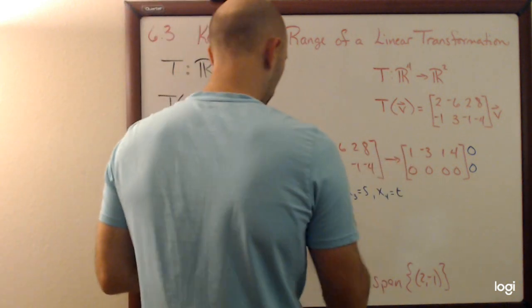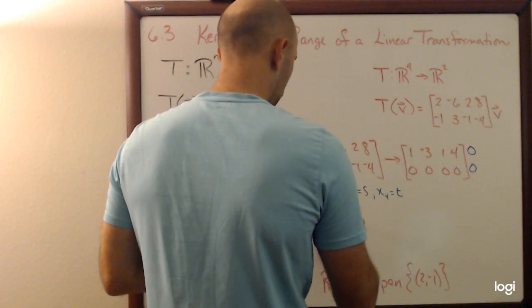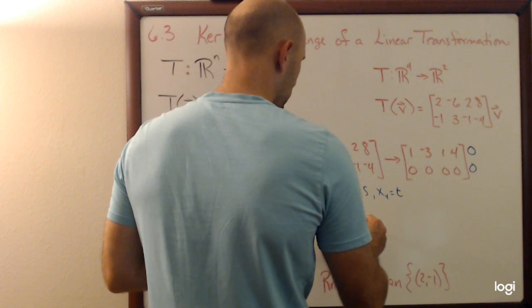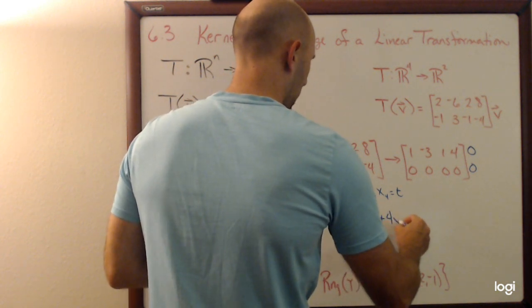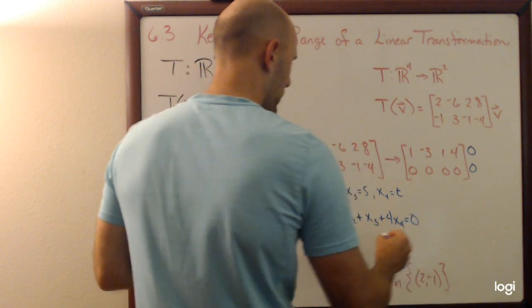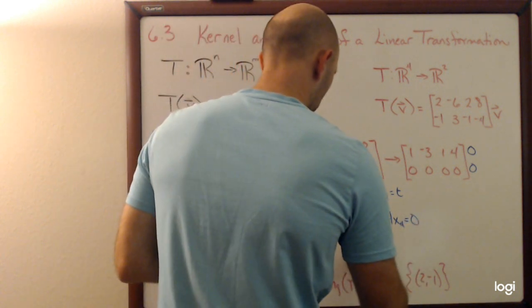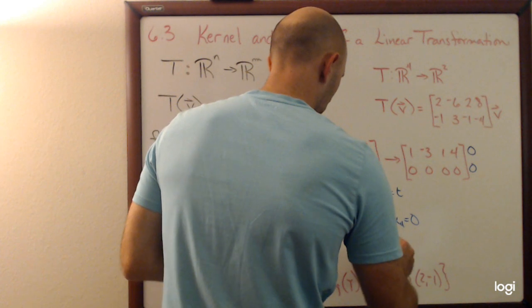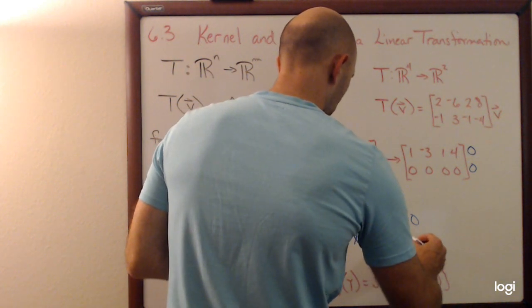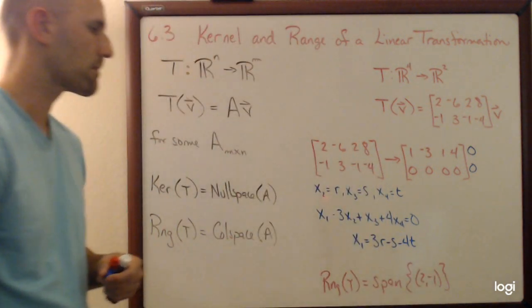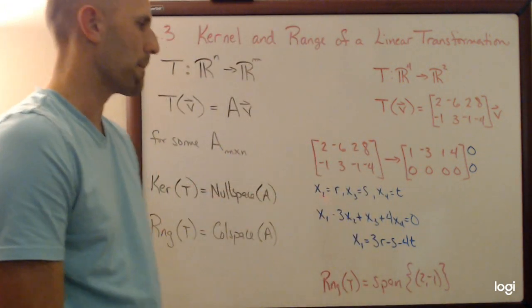Then that top equation reads x1 minus 3x2 plus x3 plus 4x4 equals 0, which we can rewrite as x1 equals 3R minus S minus 4T, just by moving everything over to the right.